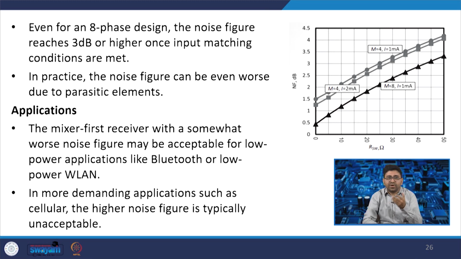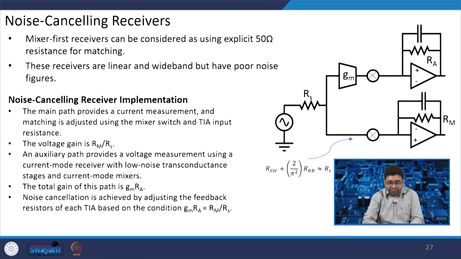There are many publications, and many researchers are trying to achieve better performance by using different configurations and analysis to improve the noise as well as the blocking performance. So it can be used in software defined radio as well.